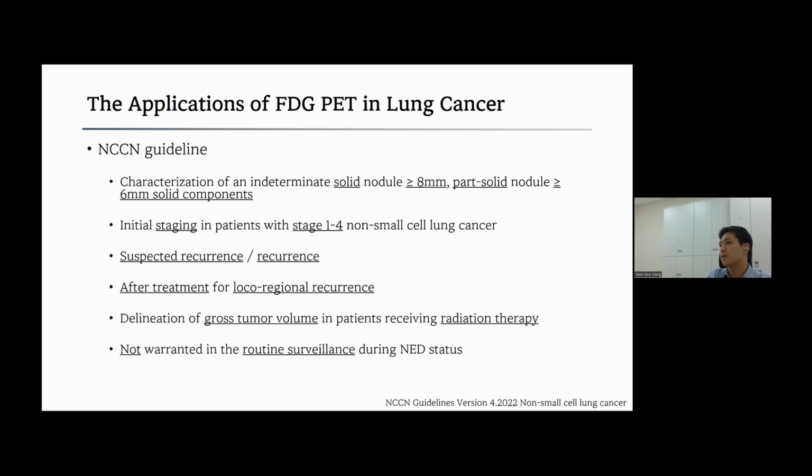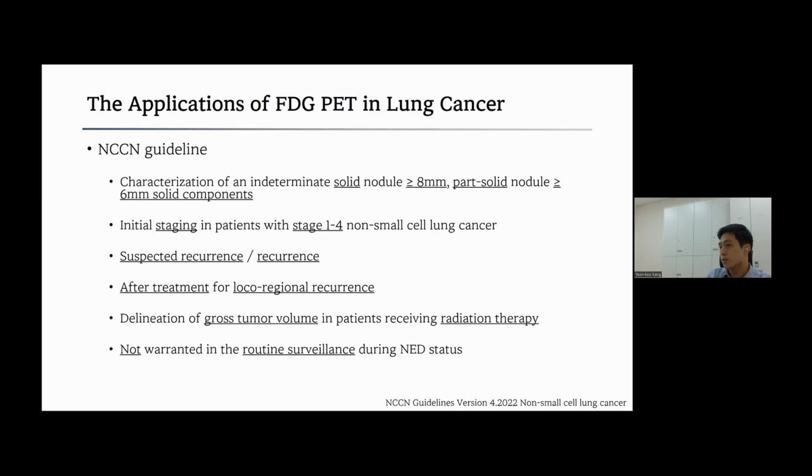Characterization of an indeterminate solid nodule larger than 8 millimeters or part-solid nodule with 6 millimeter or larger solid components. Initial staging in patients with stage 1 to 4 non-small cell lung cancer.